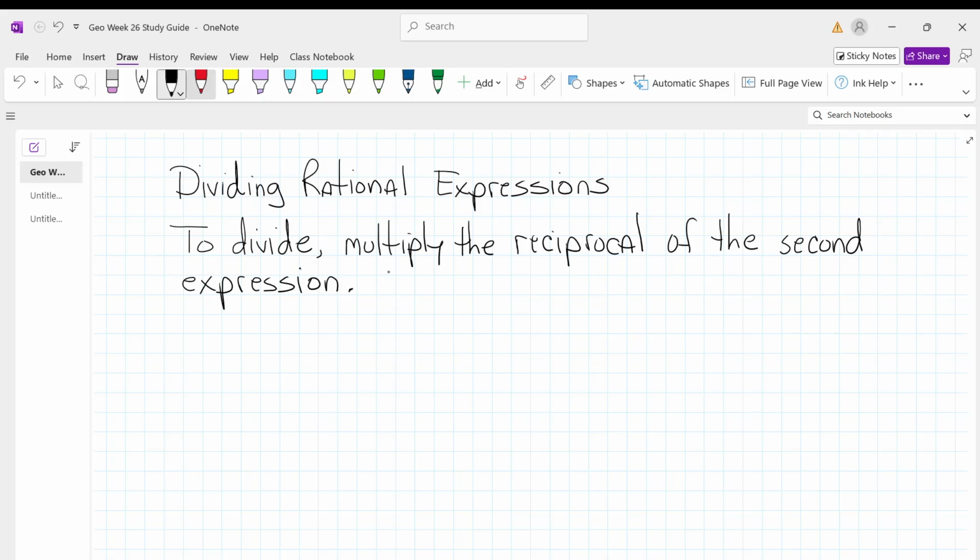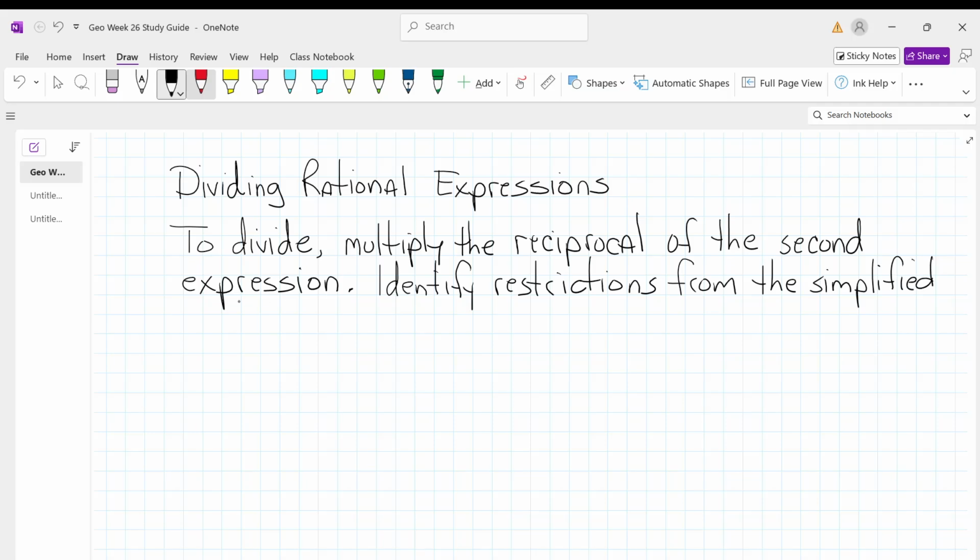And what you want to be sure that you do is identify restrictions from the simplified and original denominator.